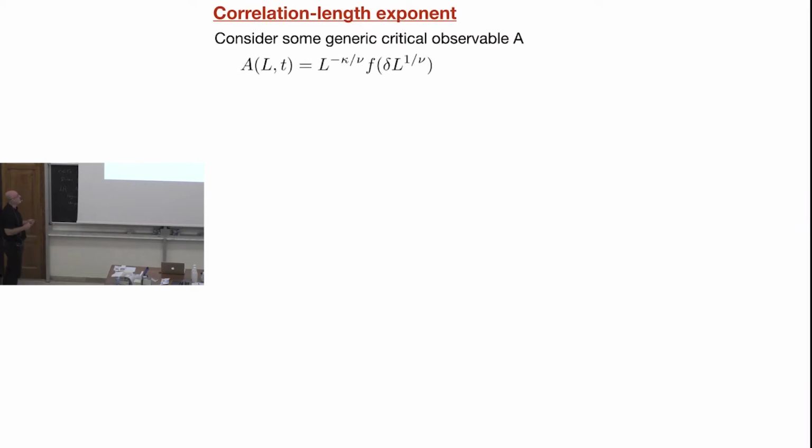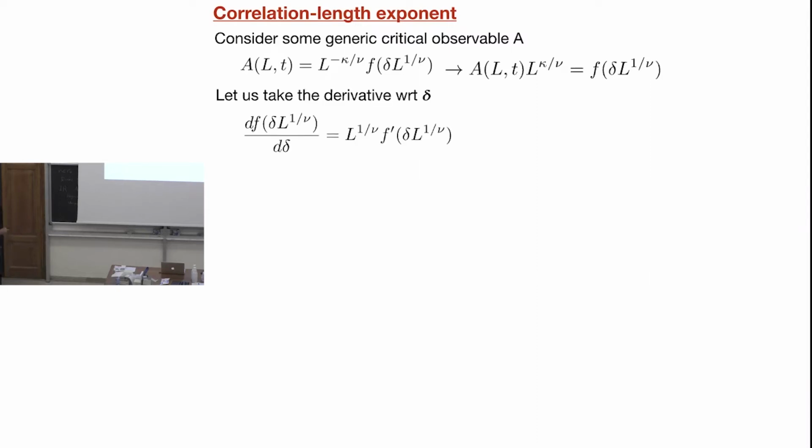Okay, so how about some exponents, which are much more difficult than the critical temperature? So let's look at some other observable, and I already told you what is the finite size scaling form that we expect. And again, if I want to get rid of that on the right-hand side, I put it on the left-hand side. Then I just have the scaling function there. Now we can take derivatives with respect to the distance from the critical point.